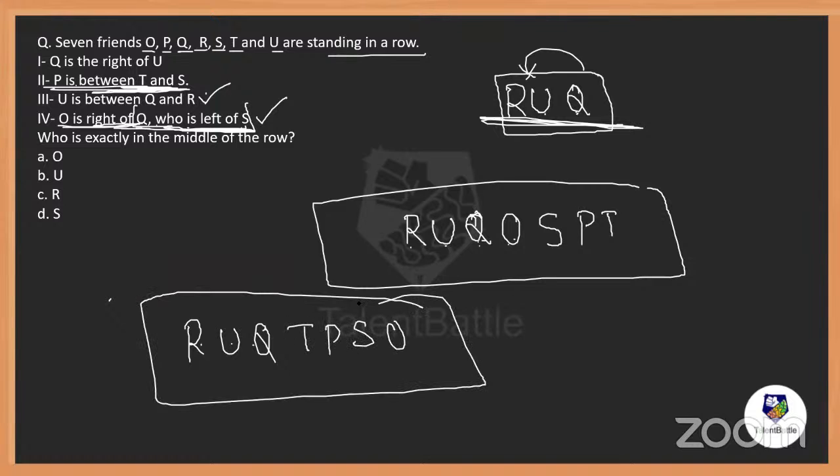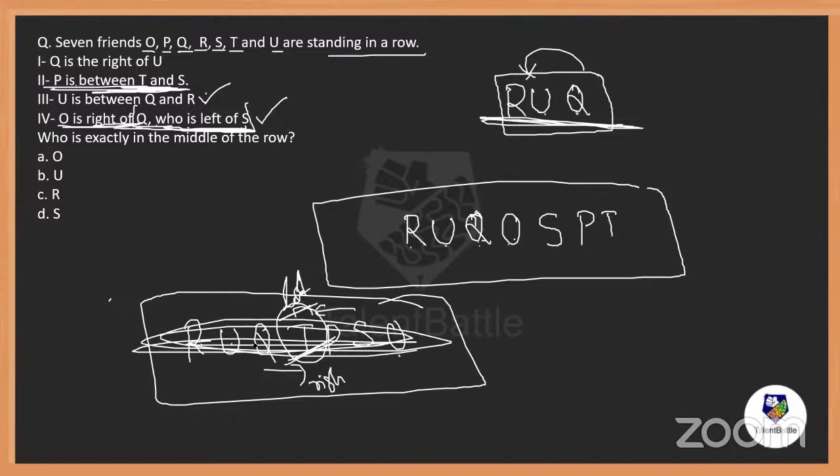Now see, this kind of arrangement is also correct. Here O is to the right of Q. Q right side, O is there. This is possible. S left side, Q is there. That is also possible. But the middle one here is T, which is not there. So as of that, this option I will not choose. I will choose this one.